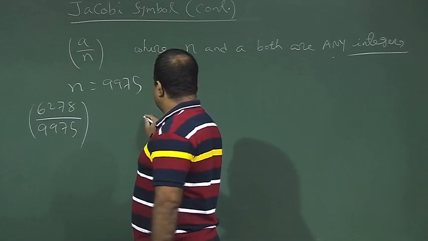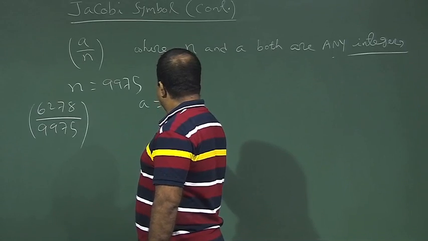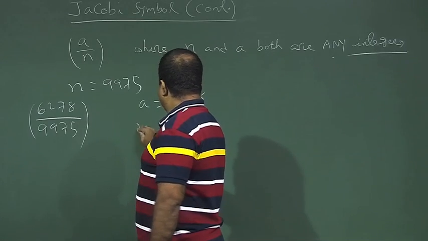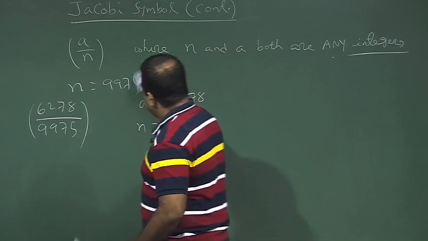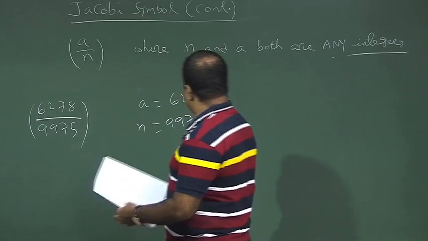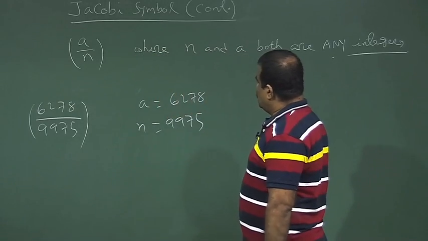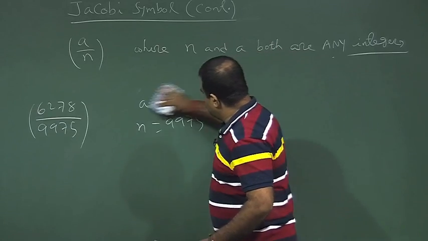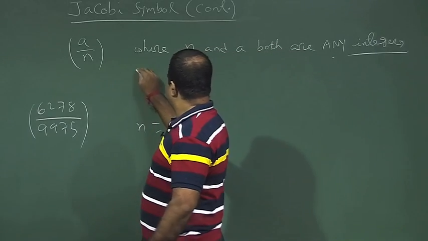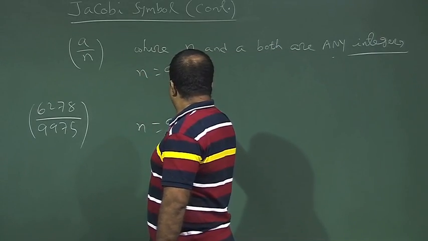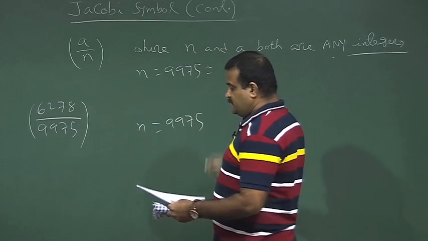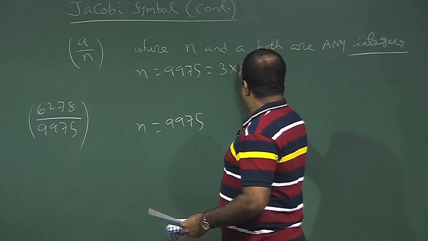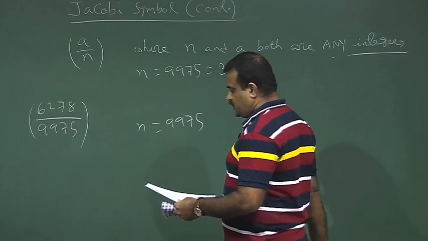So, here a is 6278 and n is 9975. We know that n should be written as the product of primes. If we verify, n is 3 into 5 square into 7 into 19.